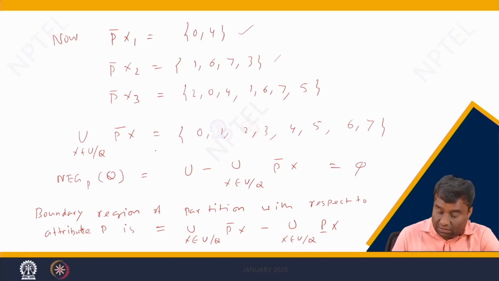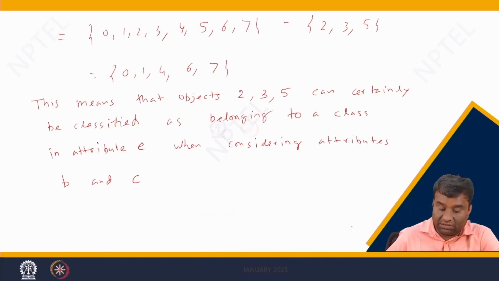So this is the union of all upper approximations. So the negative region is the set of all objects minus these, so that is the null set. The boundary region of the partition with respect to attribute P is the union of all upper approximations minus the positive region. So you will get 0, 1, 4, 6, 7.